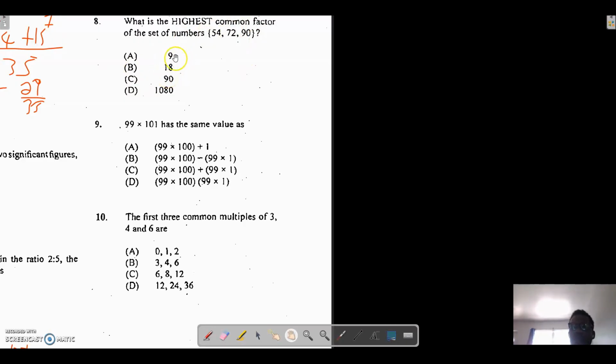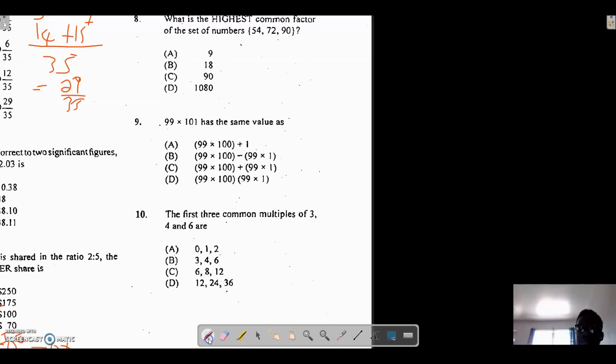So let's see. 9 into 54 is 6. 9 into 72 is 8. And 9 into 90 is 10, which are all even numbers. And since 18 is twice 9, then 18 can also go into all of them. So the highest common factor of all these 3 numbers would be B, as in 18.